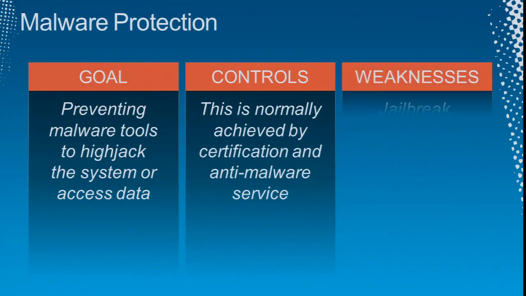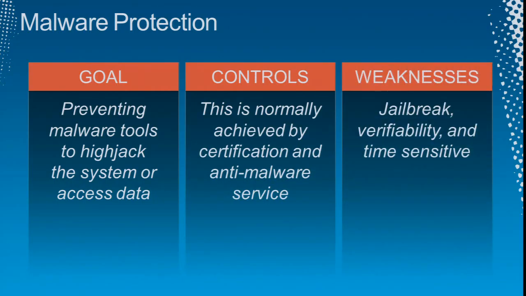Malware protection. We have the goal of preventing malware tools, hijacking, and accessing the system. This is normally achieved by controlling what applications are deployed on the phone. In other words, the phone applications are tested for the existence of malware, and only then are they approved for deployment in the marketplace.